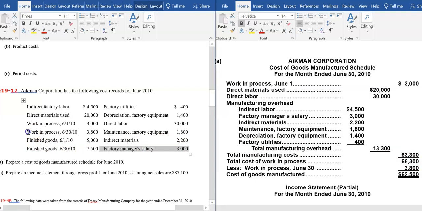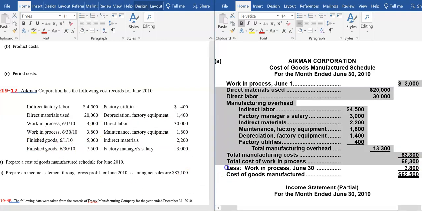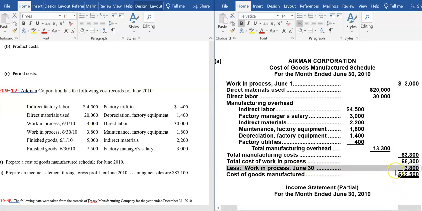We subtract out the ending balance in work in process, reflecting cost of inventory still being worked on. Total cost recorded in the account, less what's remaining. The difference between the two is going to reflect the total cost of goods manufactured, completed, and transferred out, $62,500.